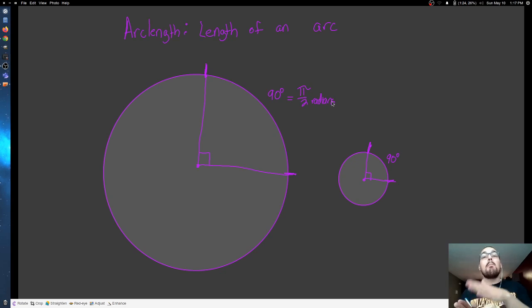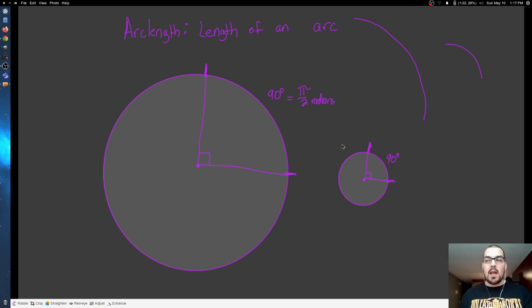That tells you what portion of the circle is cut off. All circles are similar shapes. So if I take a quarter of this circle and a quarter of that circle, what I'm left with is a similar shape in both cases. So we measure that as a degree measure or a radian measure.